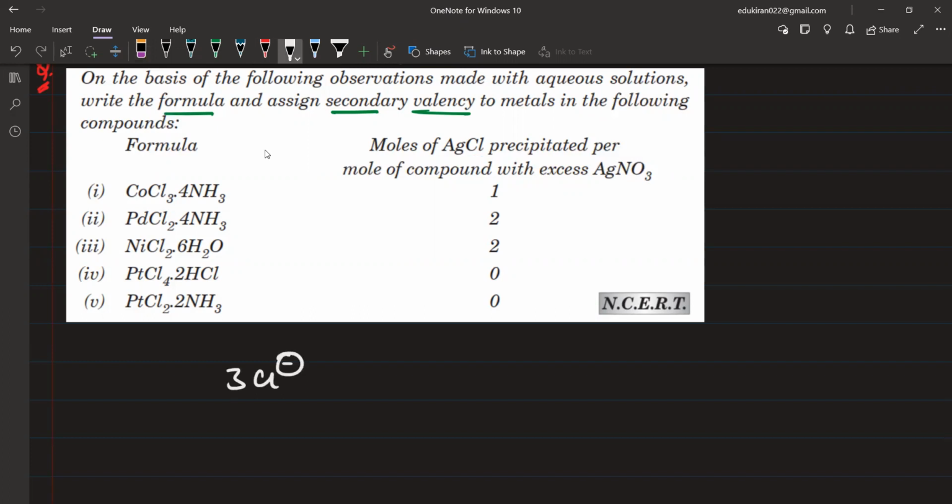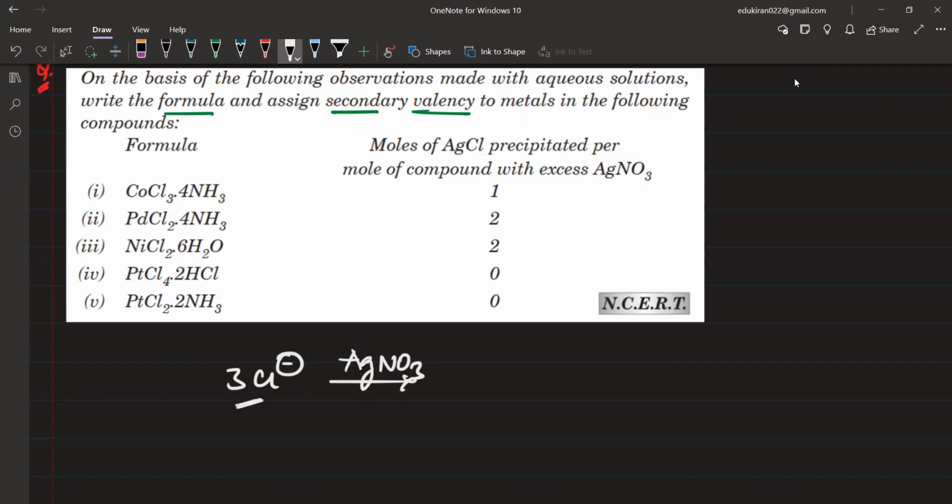Sahel? Yes, sir. Okay, if 3 chloride ions are independent, and if I'm going to add AgNO3, then how much AgCl will be formed? In terms of moles only. 1 mole.